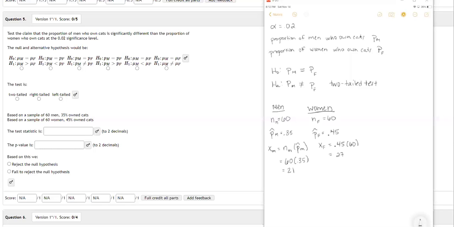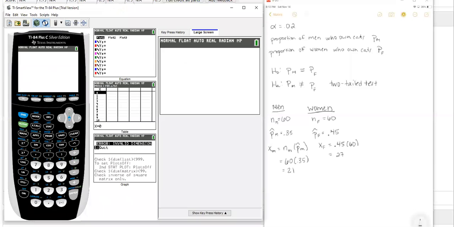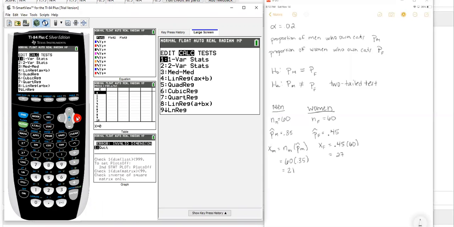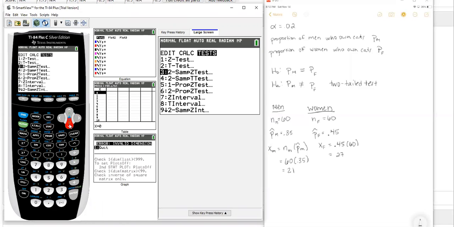Now I want to enter this into my calculator. I'm going to go to stat, over to tests, and I want the two proportion z-test. On my calculator, it's number 6.